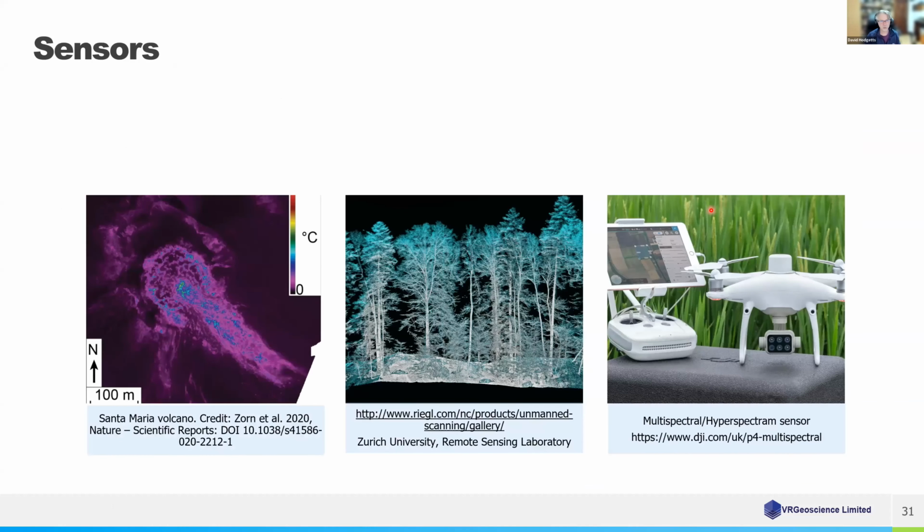There's also a real improvement and increase in the kinds of sensors we're dealing with. Not that long ago, it was just cameras, but we've gone to having thermal imagery. We've got drones with LiDAR systems built into them, collecting very high quality data.